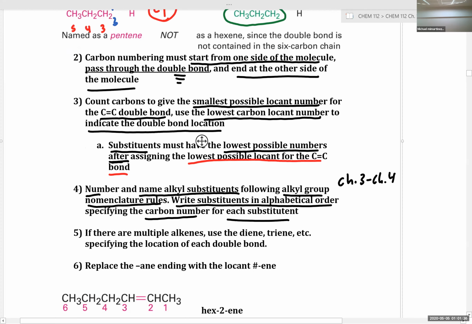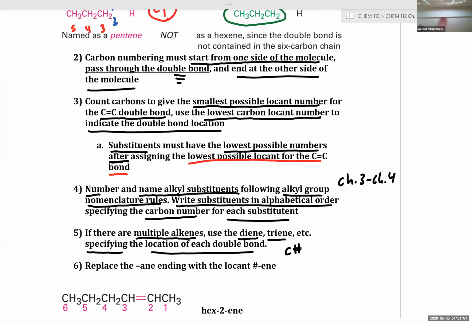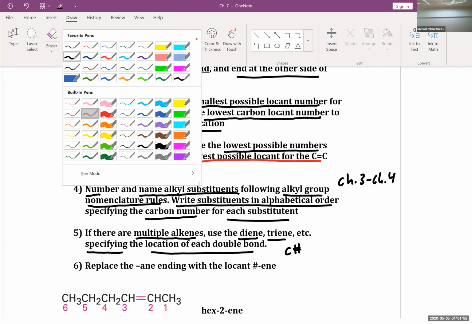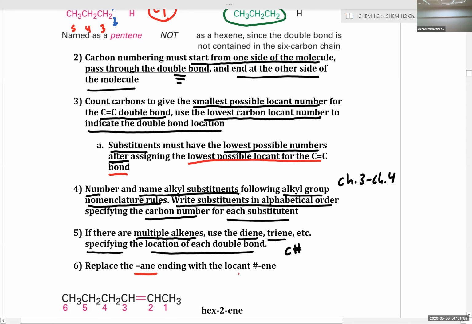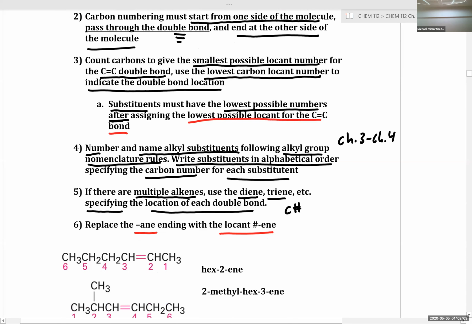Now, if there are multiple alkenes, we name them using diene, triene, tetraene, and you need to specify the location of each double bond with the carbon number. Finally, since we have an alkene, you replace the ane ending with the locant number followed by the suffix -ene.